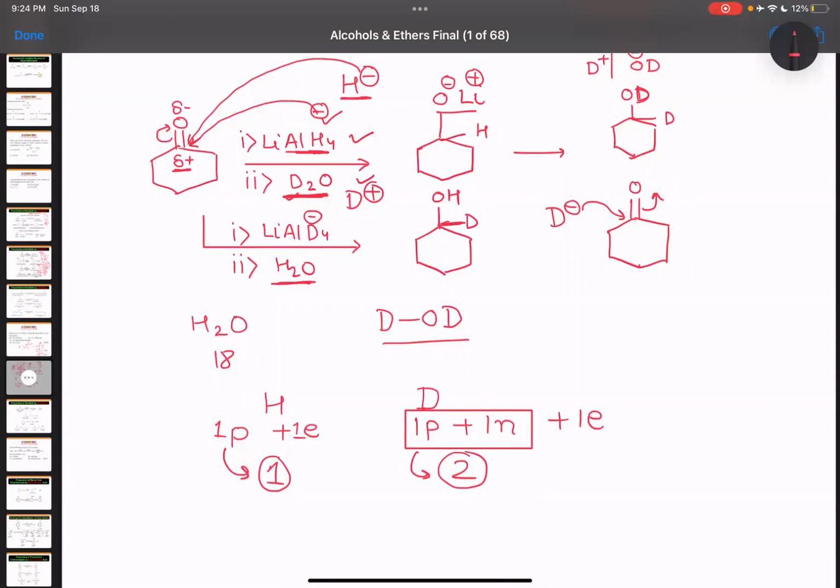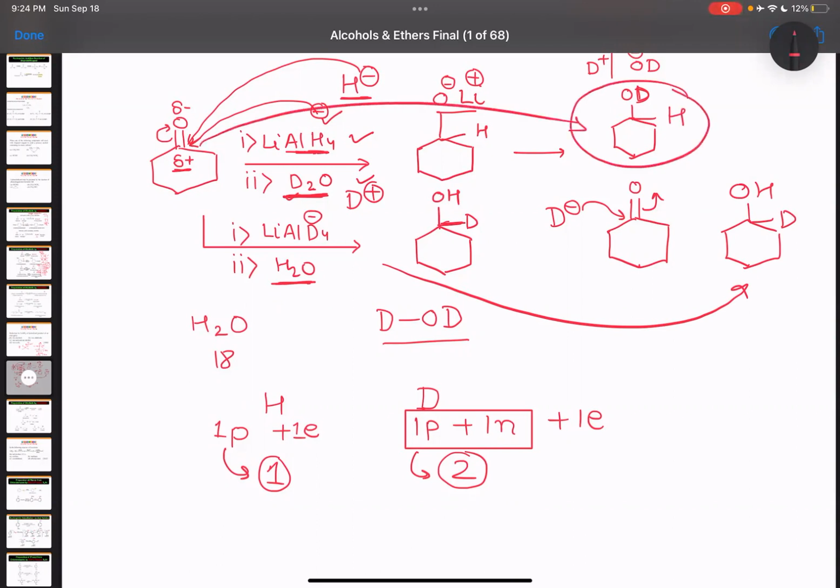So OH and D. This is going to be the answer for the second case. And this one here is going to be H and OD. This is going to be the answer for the first case. Is it clear? Yes, sir. Okay.